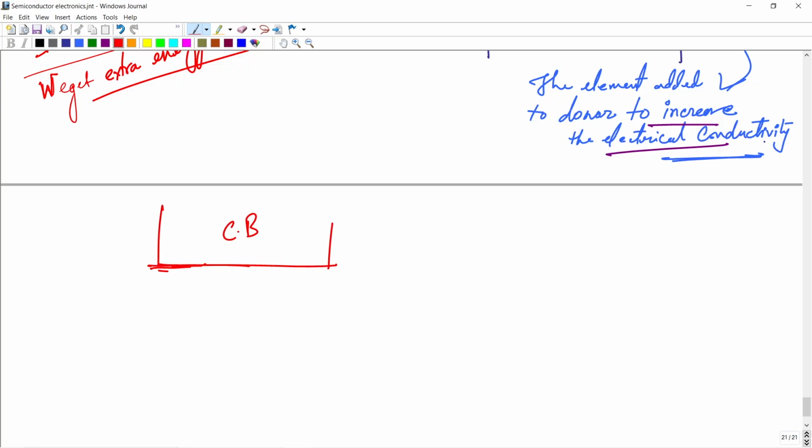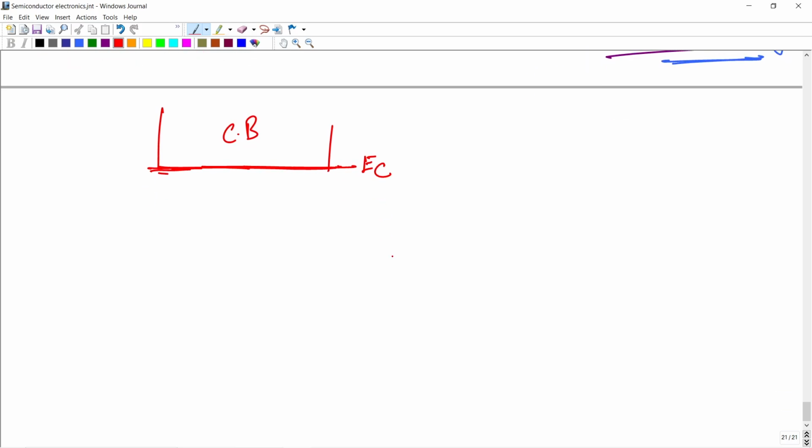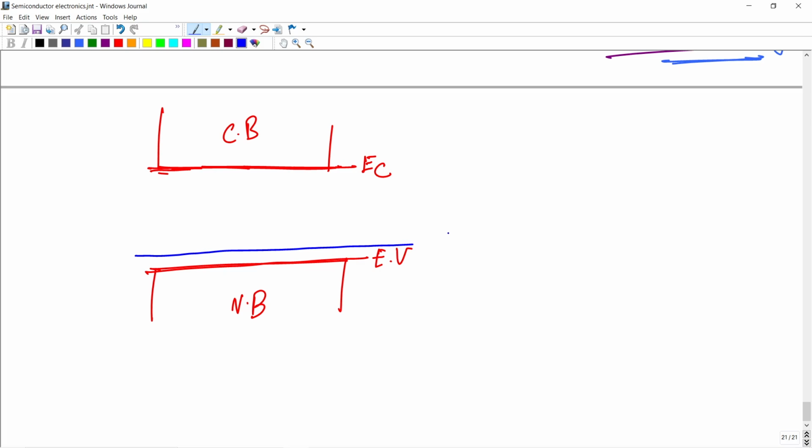The lowest part of the conduction band is called EC, and the highest part of the valence band is called EV. That's the valence band. And here is an extra energy level EA, near EV.